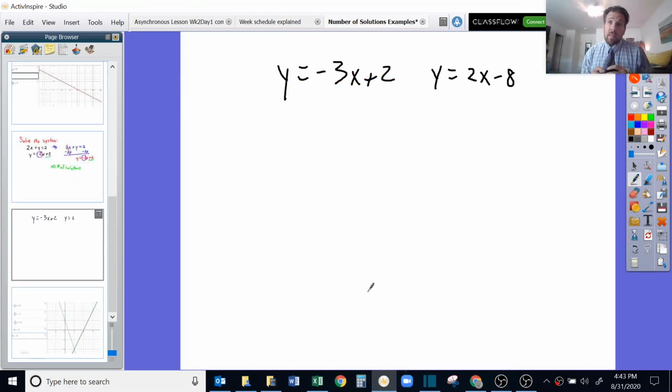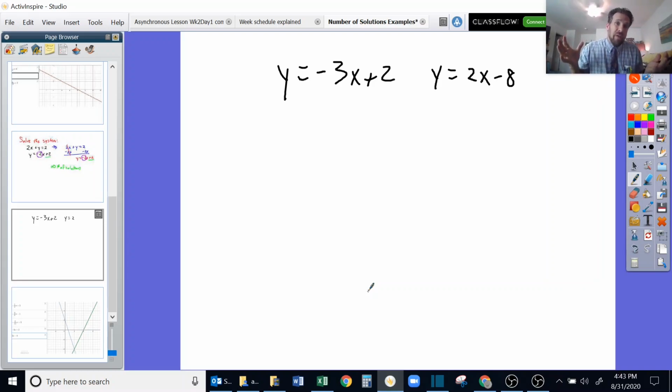We showed you an example where a system had no solutions. We showed you an example where a system had an infinite number of solutions. I thought I would finish with one that actually does have one solution. But I want to just sort of attack it in a different way. I just want to use the same thinking that we did on those other examples.